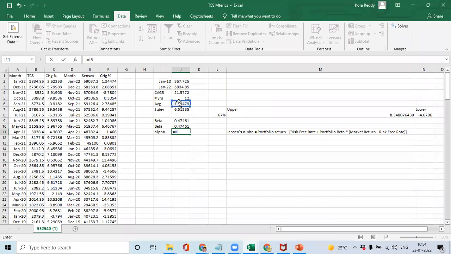How much is the portfolio beta? This one. Into market return. What is the market return? We haven't calculated. Let's say we'll calculate here. Minus risk-free rate. Risk-free rate is 0. So this is average Sensex.